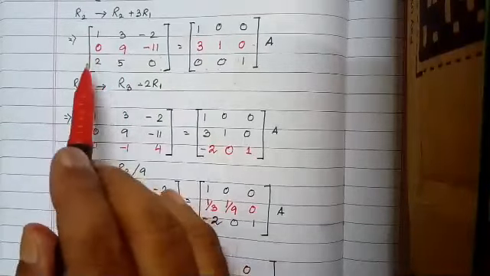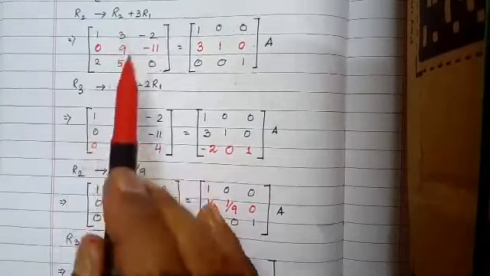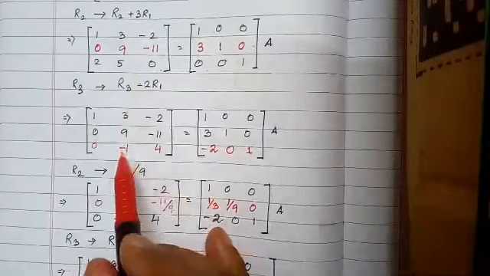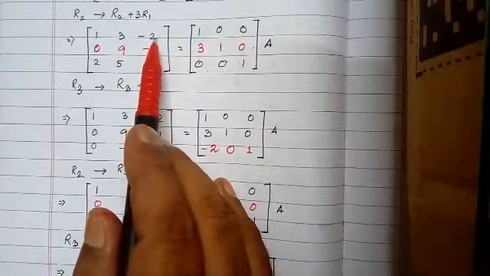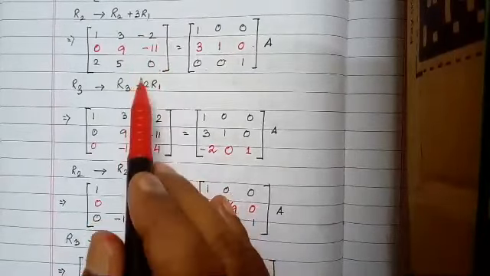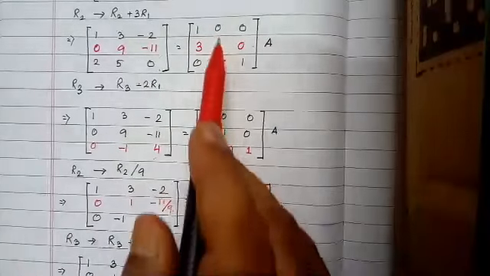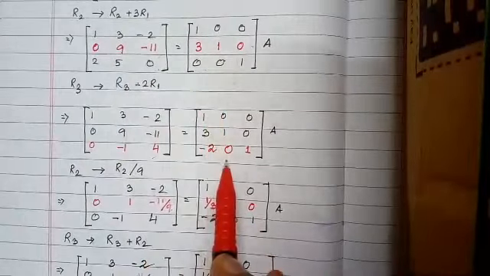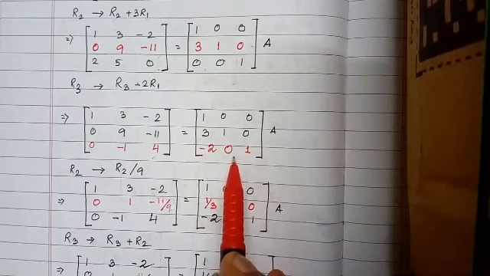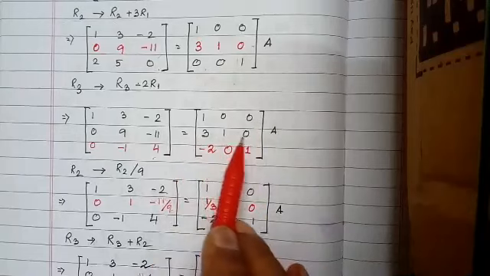2 into 1 is 2, 2 minus 2 is 0. This is 2, 3 into 2 is 6, 5 minus 6 is minus 1. This is multiplied by 2, so minus 2 into 2 is minus 4. Then 0 minus minus 4, that is plus 4. And whenever the same operation is performed here, R1 is written as it is, R2 is written as it is.